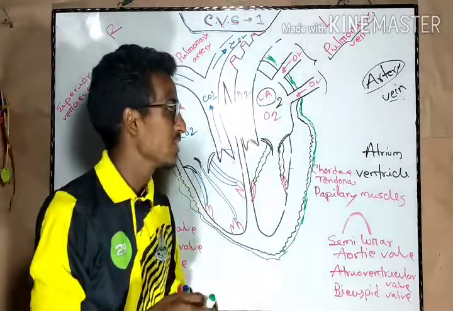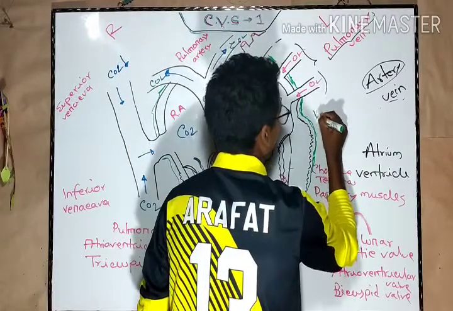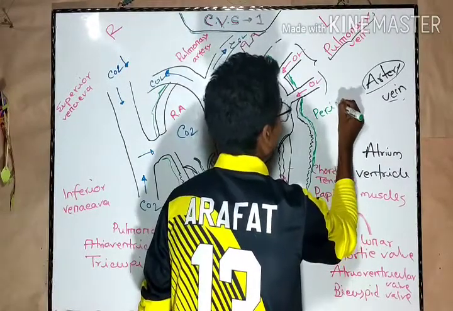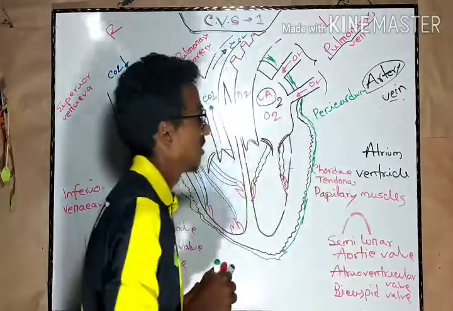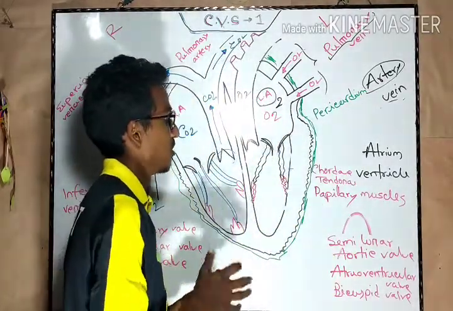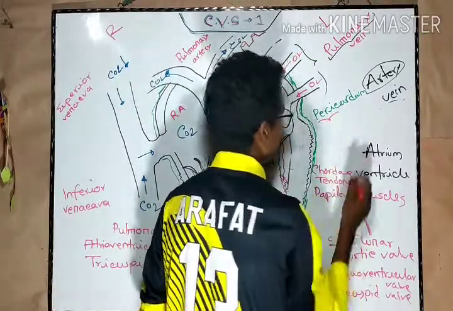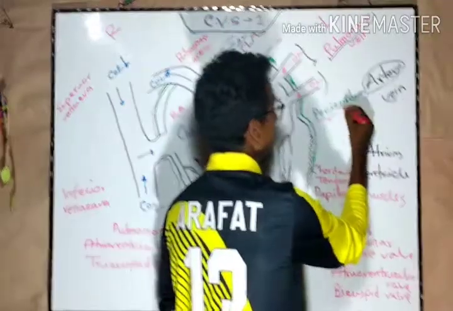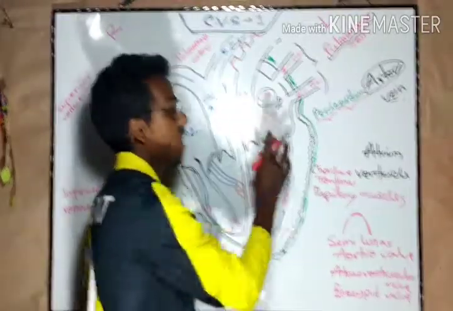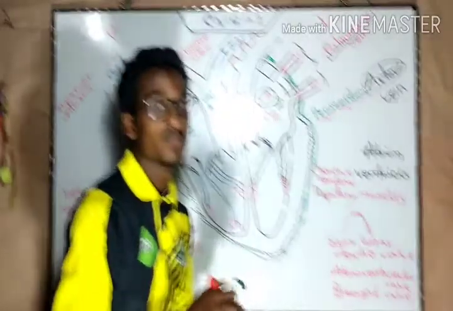This fibrous sac is called the pericardium. Peri means around, any kind of covering, and cardium is related to the heart. So the pericardium is the covering of the heart.